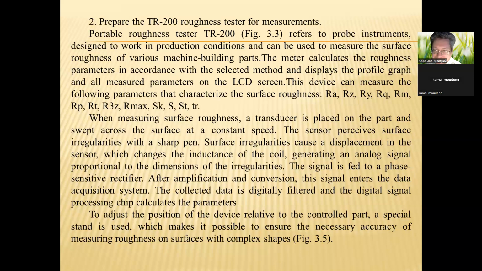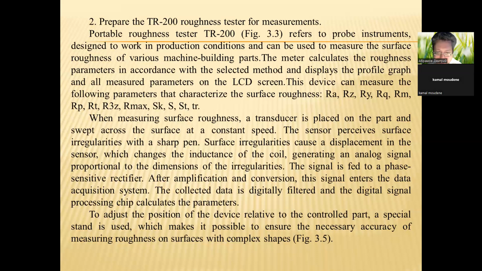The signal is fed to a phase-sensitive rectifier. After amplification and conversion, this signal enters the data acquisition system. The collected data is digitally filtered, and the digital signal processing chip calculates the parameters.